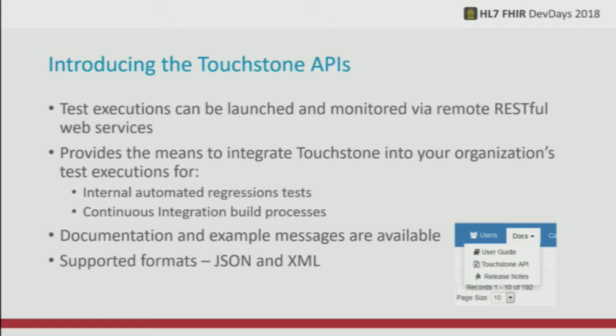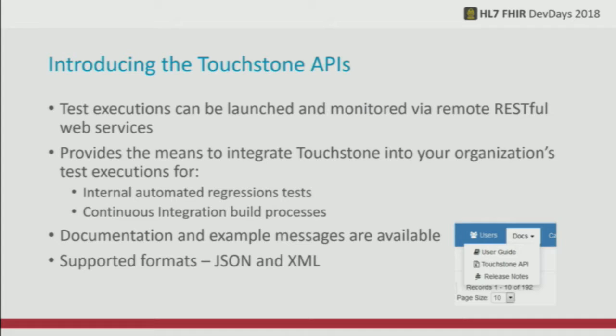Another aspect that we have in Touchstone is the use of an API. So test executions generally are executed through the user interface, through the web interface. And so you've seen some of those screens already. One thing that you can do, especially if you have something like a continuous integration build server for your FHIR system, you may want to introduce testing from Touchstone into your build process. So we have built an API to allow you to do that.